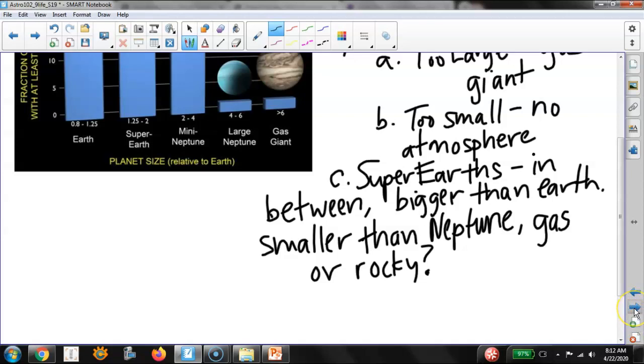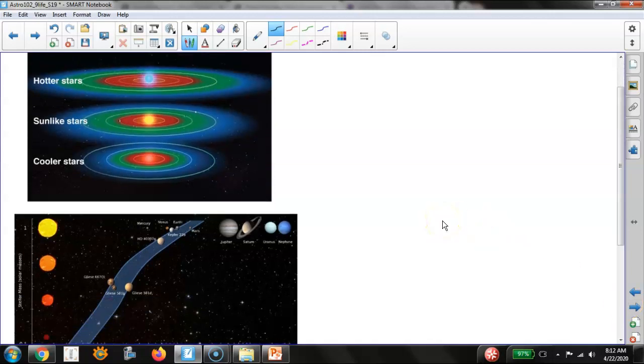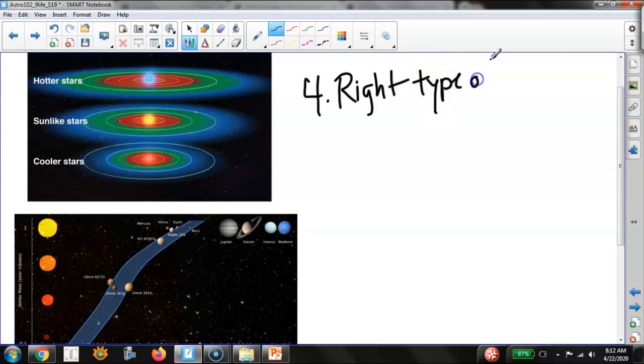Next, our fourth criteria, stable circular orbits, habitable zone, right size planet. The last one is the right type of star. Okay, so the right type of star. So now we remember our types of stars, right?